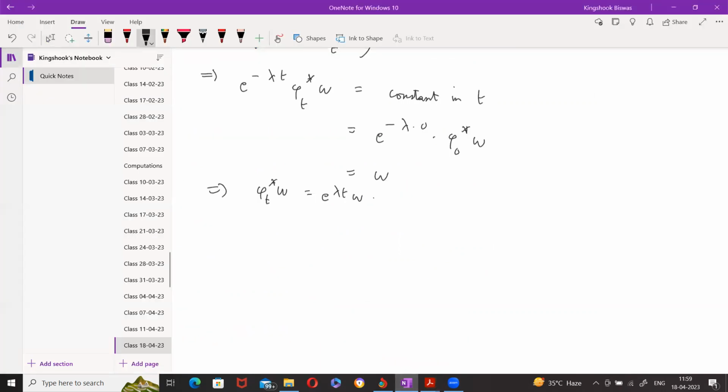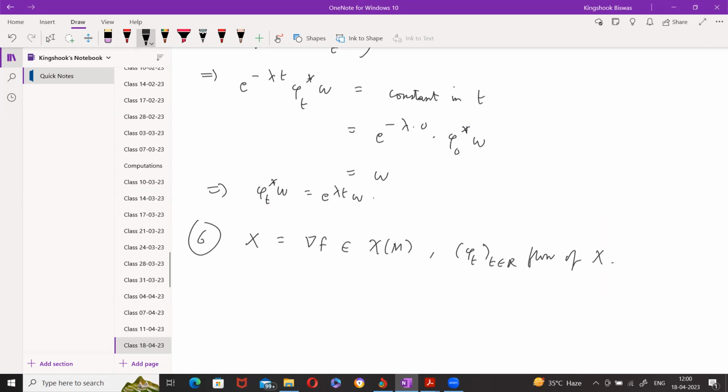So why is that? So you have your vector field x is grad f. And let's say phi t is the flow of x.